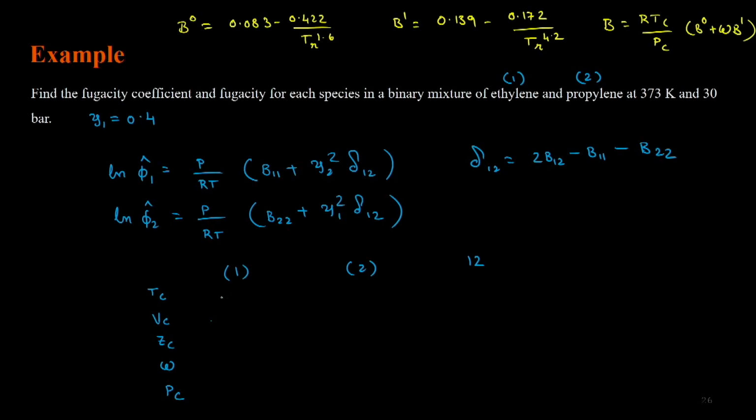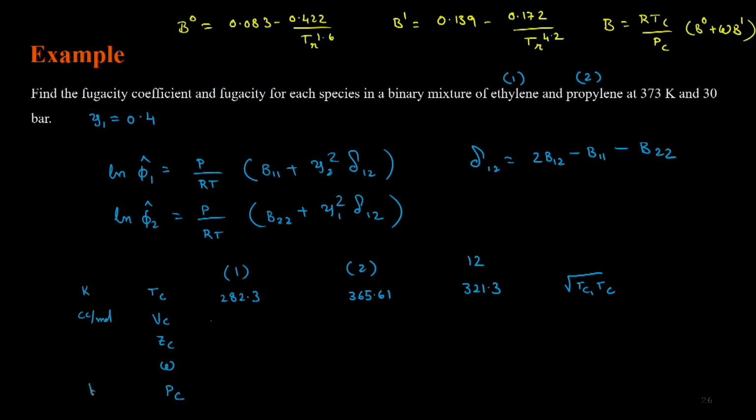Tc for ethylene is 282.3 Kelvin. For propylene it is 365.61 Kelvin, and Tc12 is 321.3. This is the square root of Tc1 times Tc2. Vc in cc per mole, maybe I should write the units here. This is cc per mole.